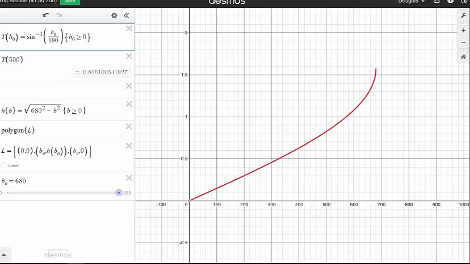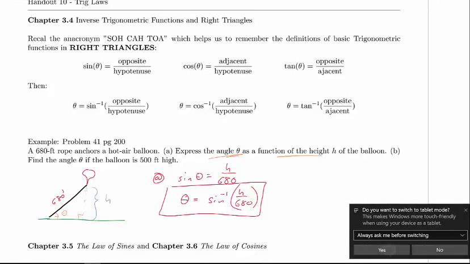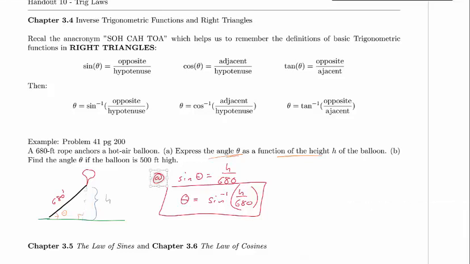So let's go ahead and put that into our response here. 0.826 is the angle of the balloon, and we note that that is just short of 1 radian.